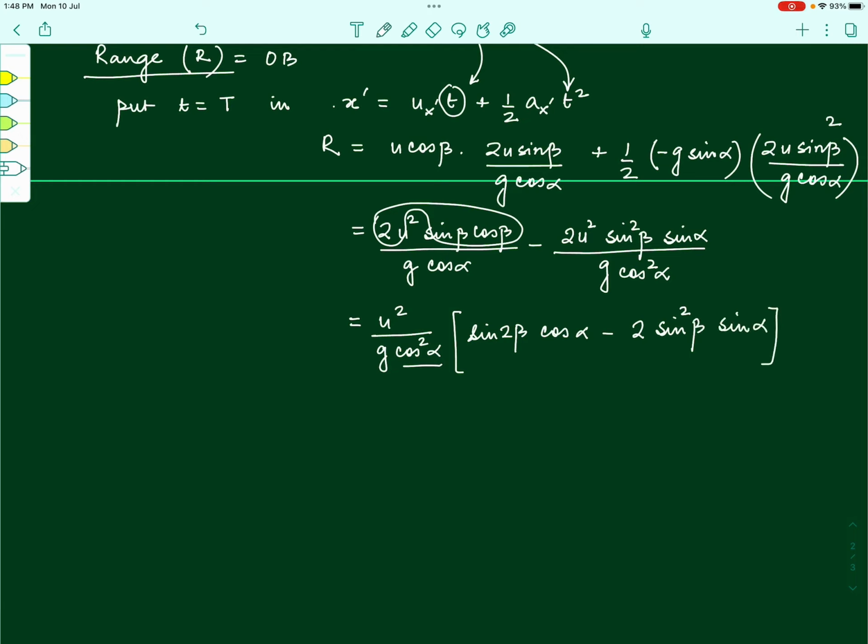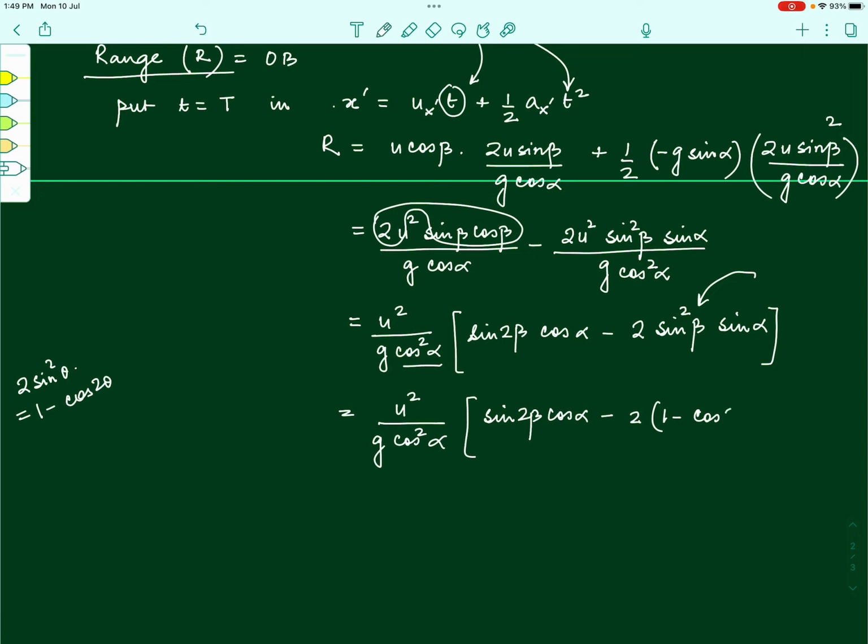Now using the trigonometric identity that 2 sin squared theta is 1 minus cos 2 theta, let's use that for this particular term over here, so that we get u squared by g cos squared alpha into sin 2 beta cos alpha minus twice of 1 minus cos 2 beta into sin alpha, right?